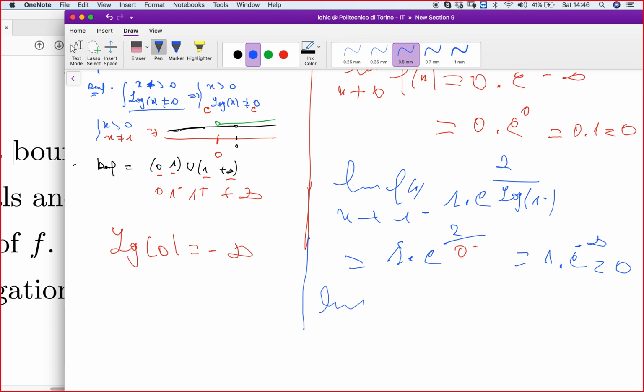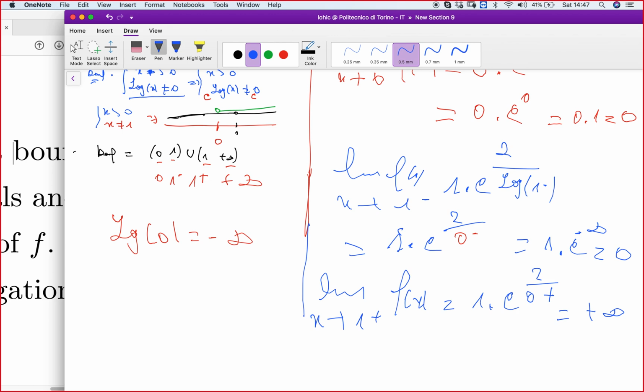The limit when x tends to 1 plus of f of x will be 1 multiplied by exponential of 2 over the logarithm of 1 plus, that is 0 plus. So it will be 1 multiplied by exponential of plus infinity, that is plus infinity.